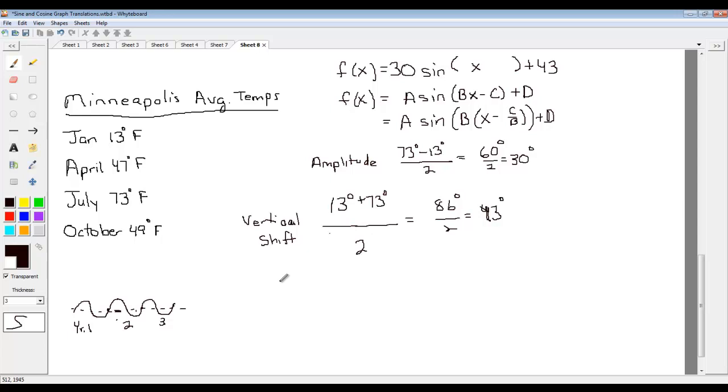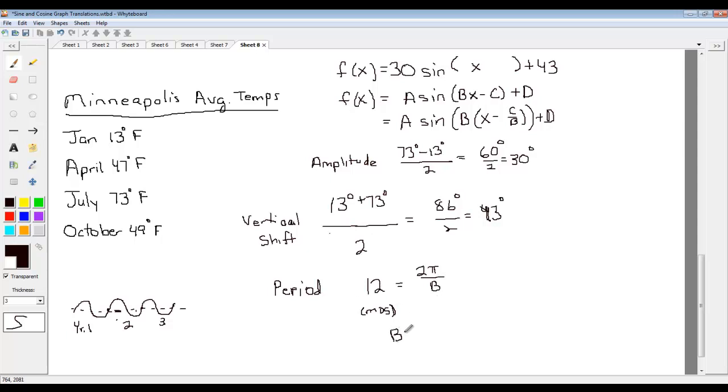Then for the period, this thing is cyclic for every 12 months. Every year has 12 months in it. So the period is actually 12. But then knowing that period is found by doing 2 pi over b, we can say 2 pi over b has to equal 12.